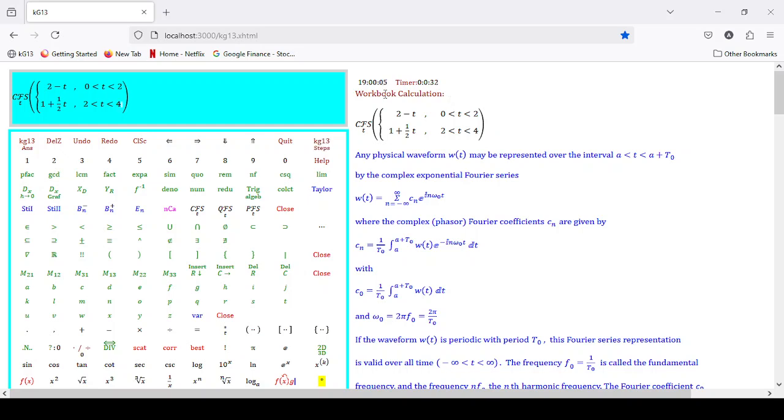There, it has stopped. So we took 32 seconds on this laptop to calculate and sketch the complex Fourier series of this periodic waveform. There the light has gone out.